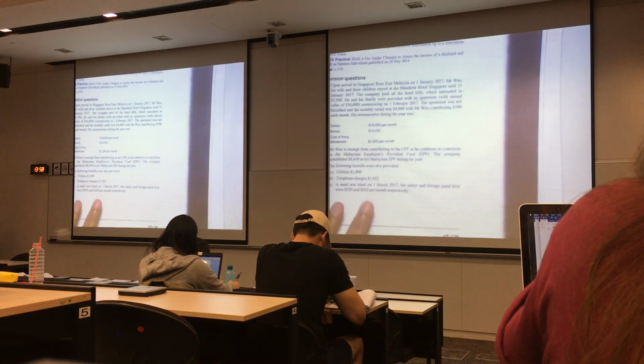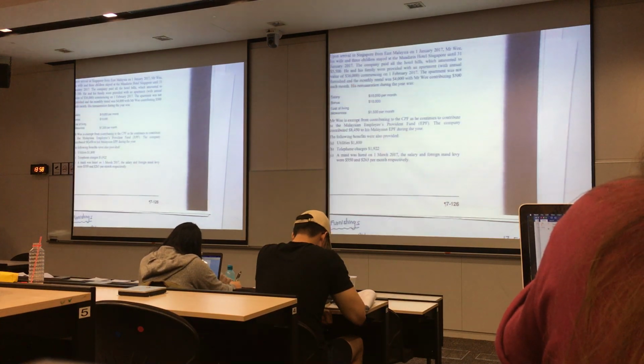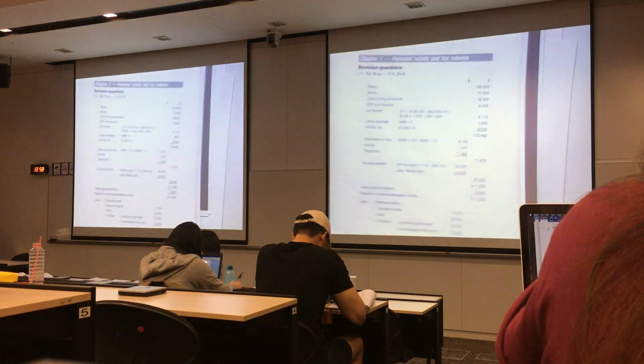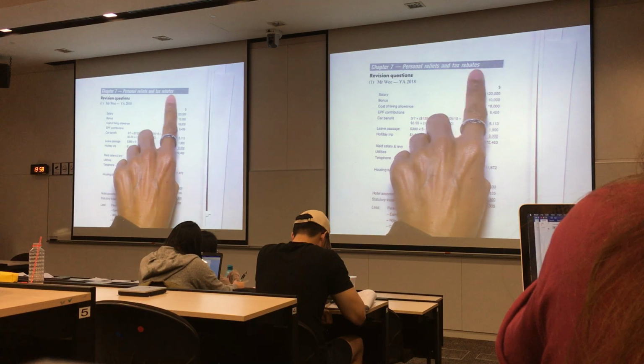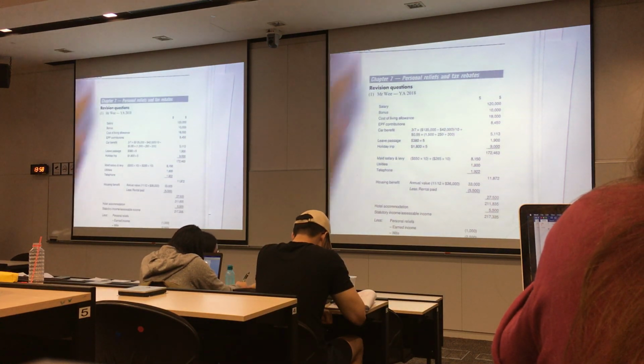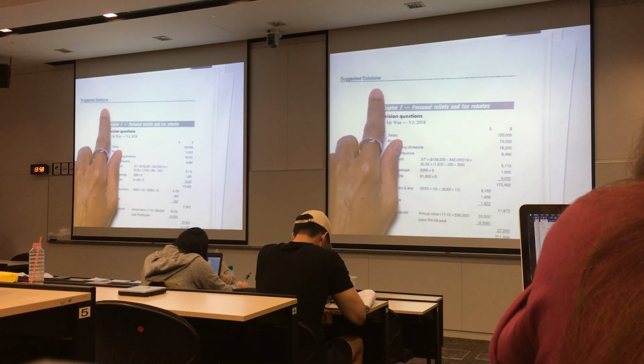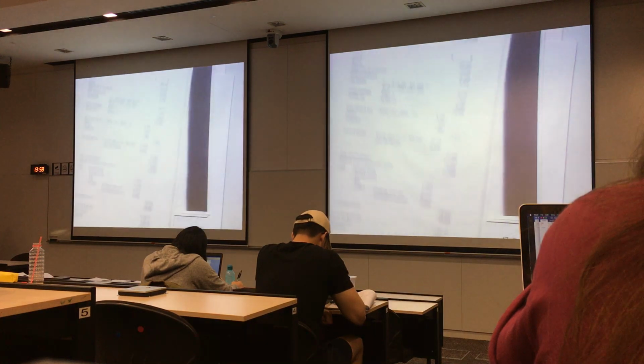So you see, they have a list of questions there for you, behind the topic on Chapter 7, personal relief and tax rebate. So this is what I mean. Go through all the questions and you have suggested solutions at the back of the book, please go through.